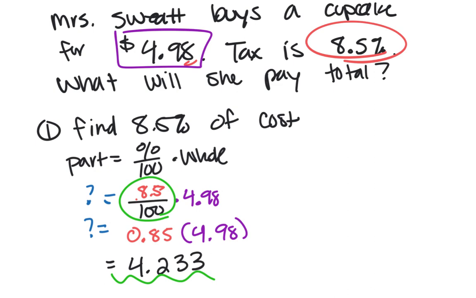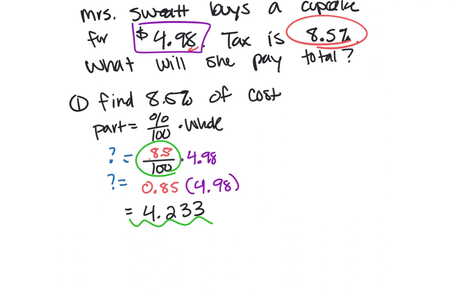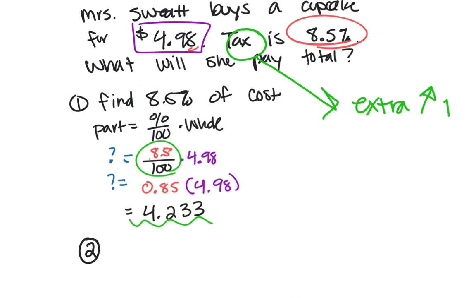All right, so you find the percent of that. Then, in this case, tax is extra money, which means that your price is going to go up, which means we're going to add. So we're going to add the tax amount to the original.